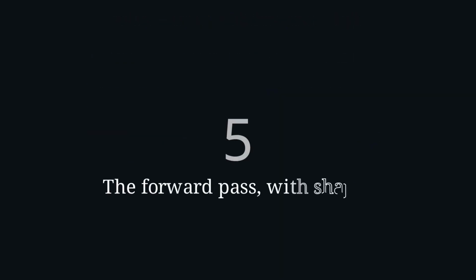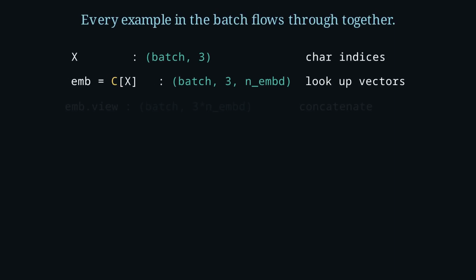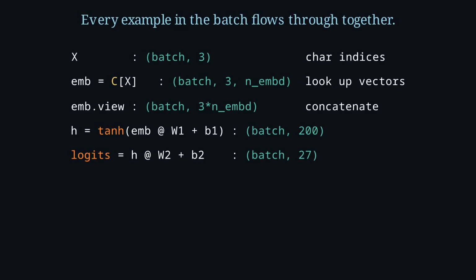Chapter 5. Following the tensor shapes through the network. Let's trace the shapes, because in deep learning, shapes are everything. X is a batch of examples, each 3 character indices. We index into C to get embeddings: batch by 3 by embedding size.